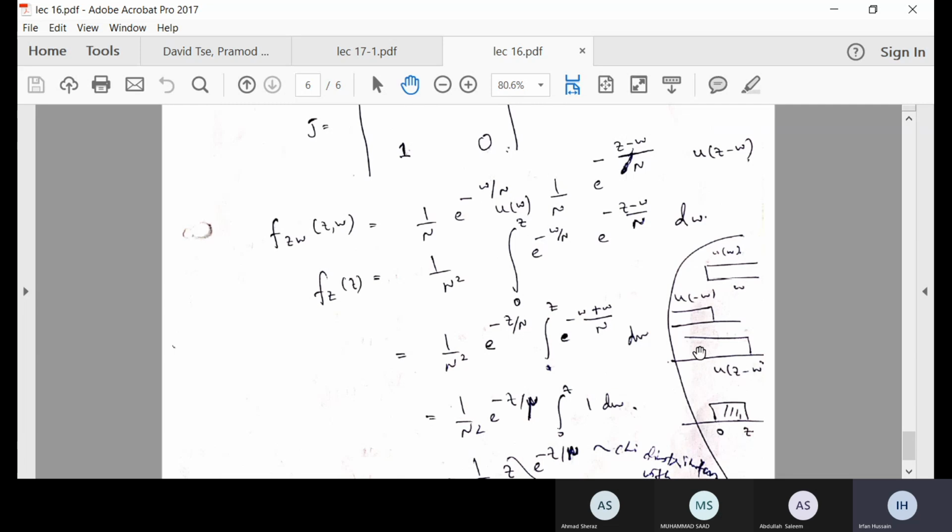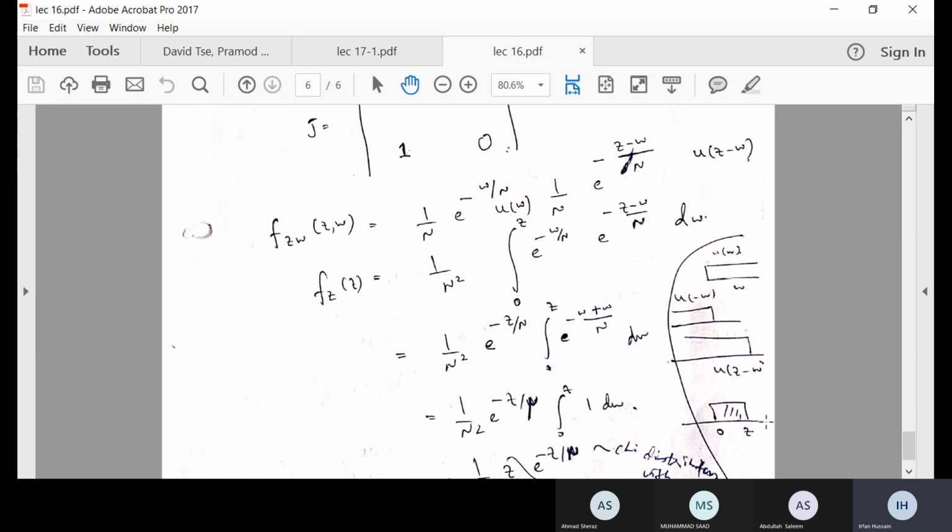And u of w is starting at 0, so the intersection will be from 0 to z, by the amount that you have delayed it. That is why I will integrate this for the values of w from 0 to z, because other than these values I can very well see that my product will be 0.